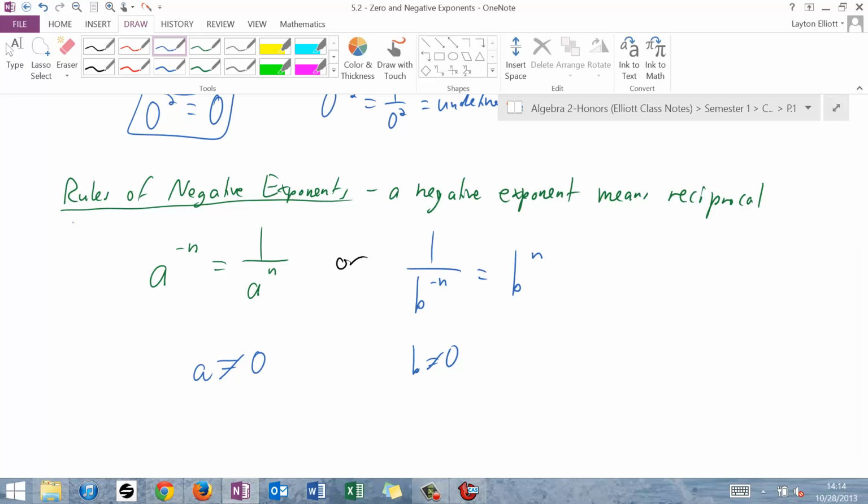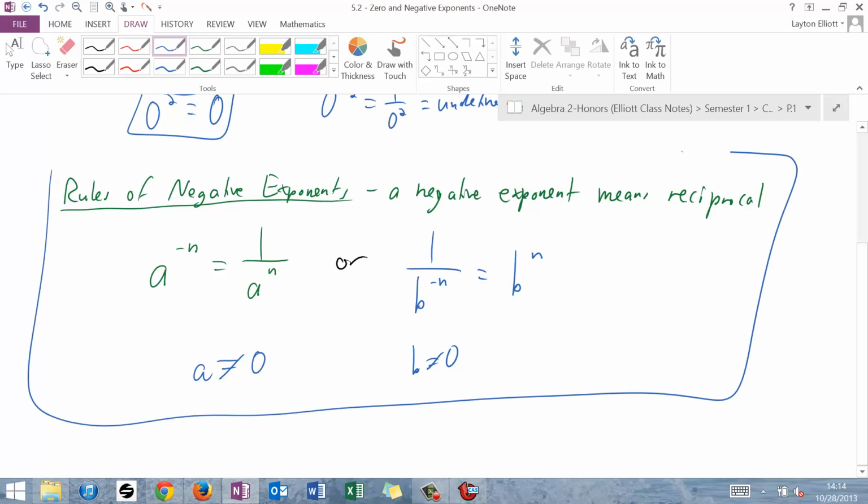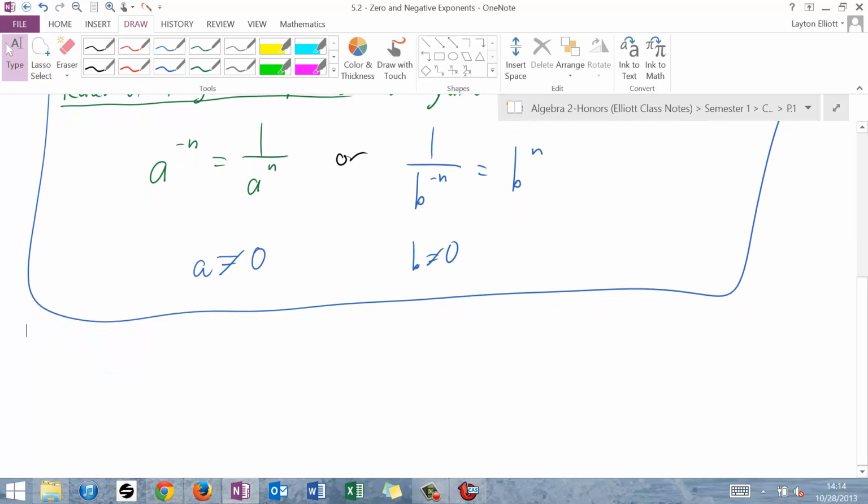But this does carry meaning. If I do a few simple examples, 7 to the negative 2 is the same thing as 1 over 7 to the second power, which we know is 1/49.